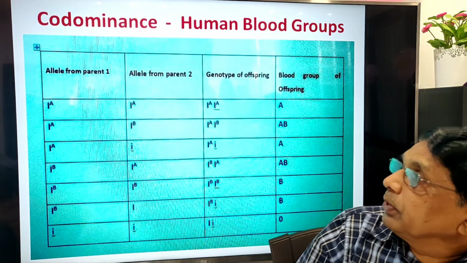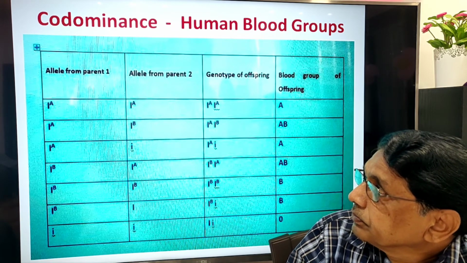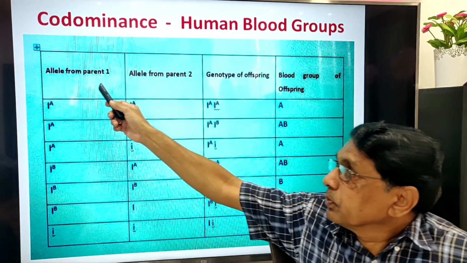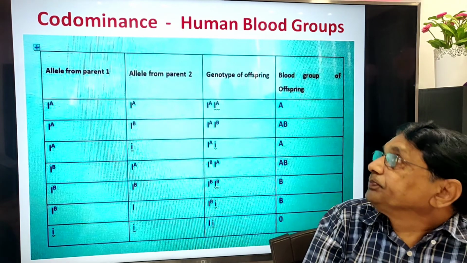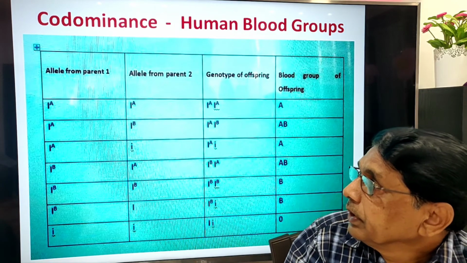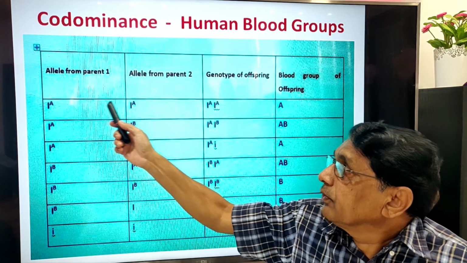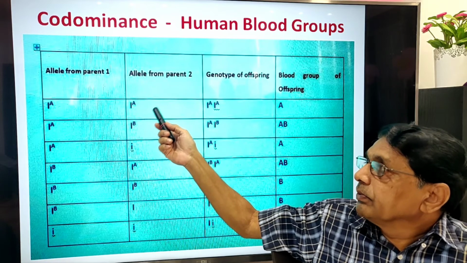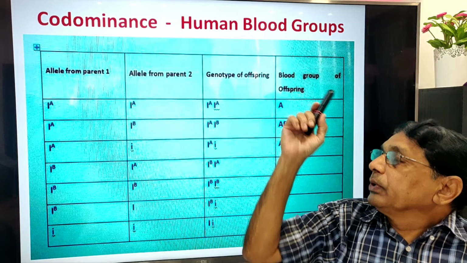Now, human blood groups. Let us take this: parent 1, parent 2, offspring. Suppose father, mother, children. Blood group of offspring, children's blood group. If an A blood group father marries an A blood group mother, all the children will be A blood group.